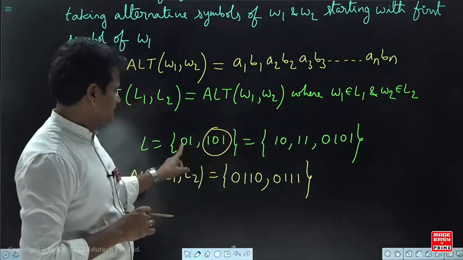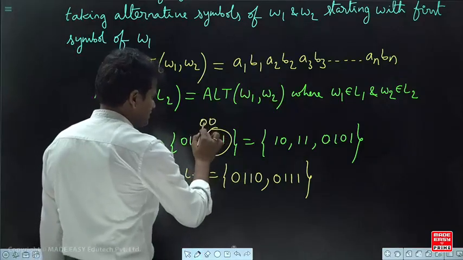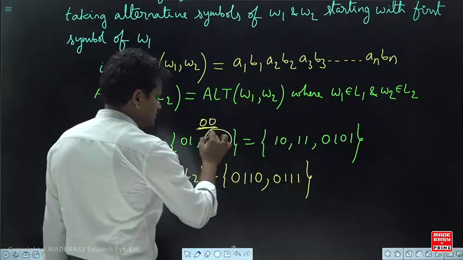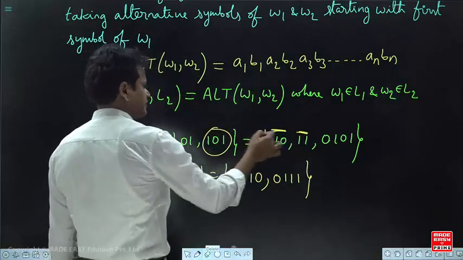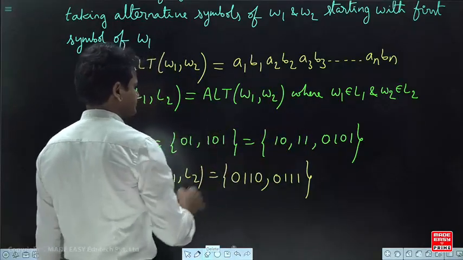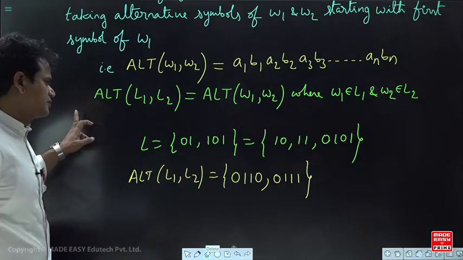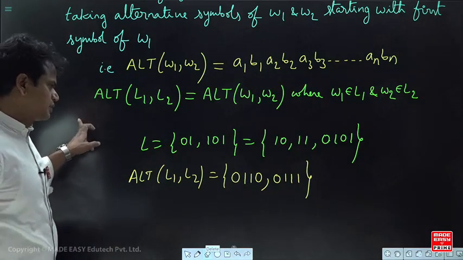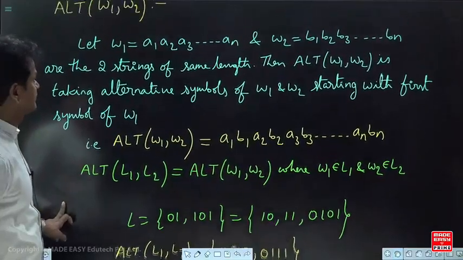Example, this is length 2. And example, here one more string is there, 0, 0 example. Then write the 0, 0 with this one and also this one. Okay. Now, so this is alt of L1, L2. Okay. 0, 1, 1, 0, 0, 1. Okay. So guys, take this definition.